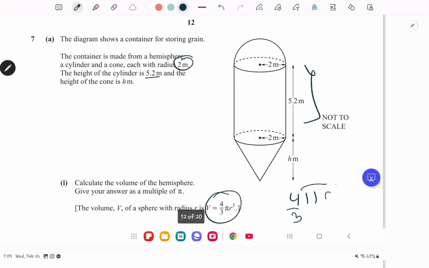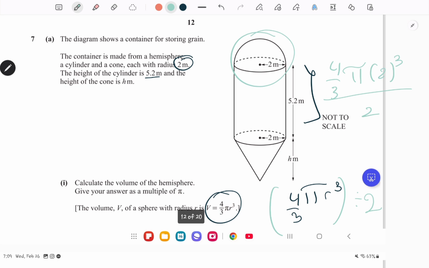So the volume of any hemisphere is the volume of a sphere divided by 2. If you find the volume of a full sphere and then divide by 2, this works. So in this case, it's going to be 4/3 pi times 2 to the power of 3 divided by 2. If you put it on your calculator, 4/3 times 2 to the power of 3, you are going to get 32/3.